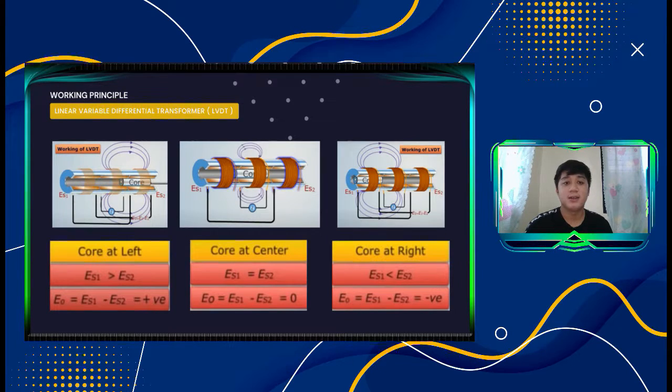Similarly, if we move the core towards the left, the flux linking with the coil S1 becomes greater than the flux linking with the coil S2, the EMF induced in coil S1 becomes greater than the EMF induced in coil S2, and the net EMF shows a positive value. Thus, the LVDT uses the magnitude and polarity of the net EMF induced to measure the displacement of its core from the null position.